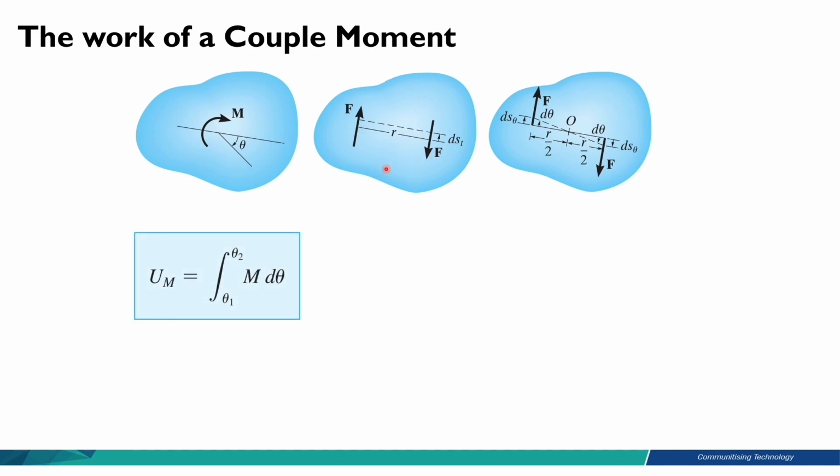So this is representing the couple moment, and therefore to calculate the work done by the couple moment, if the couple moment M is a variable moment, which means that it changes value throughout the motion, then we have to use integration from theta 1, the initial angle, to theta 2, the final angle, integral of M d theta.